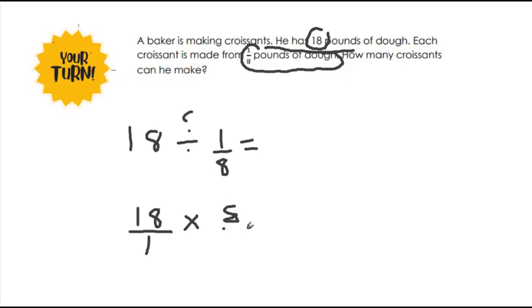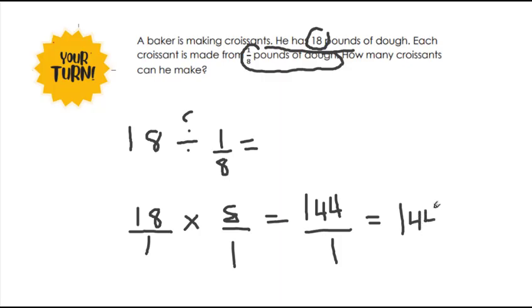Now we are going to multiply across. 18 times 8, you can work it out on the side, but it is 144. 1 times 1 is 1, and we know that any time a number with a fraction has a 1 at the bottom, that's the same as saying 144 divided by 1 is 144. So the baker is able to make 144 croissants.